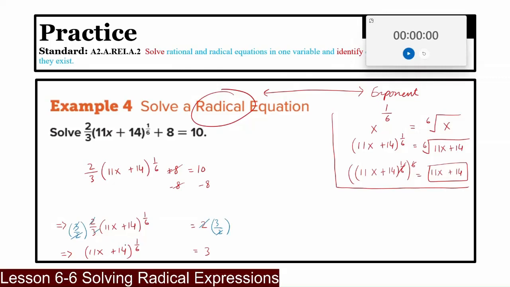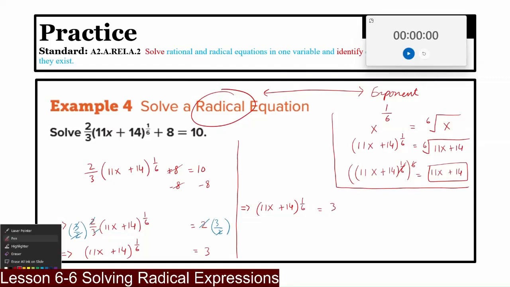Now I can raise this quantity on the left by the index to get rid of this exponent. So let's do that right here. So I have 11x plus 14 raised to 1/6 equals 3.